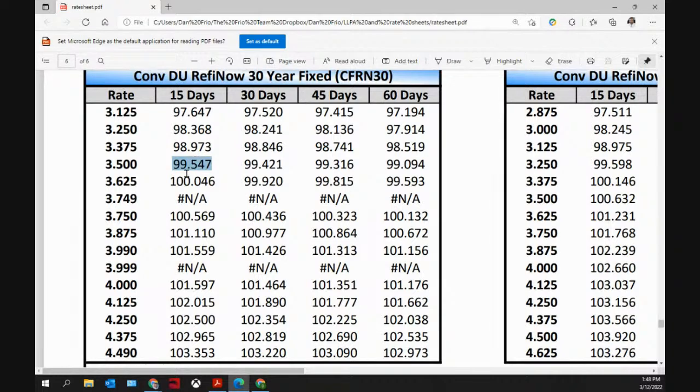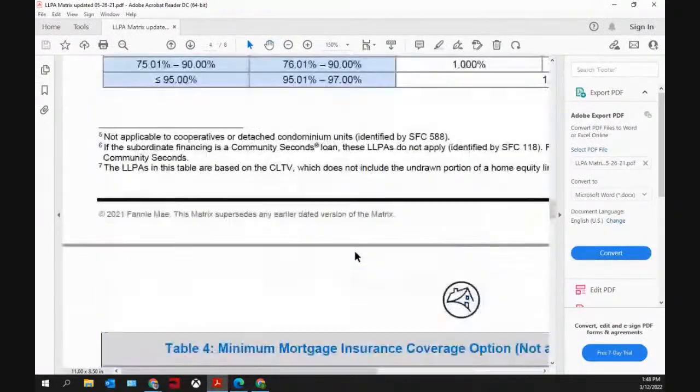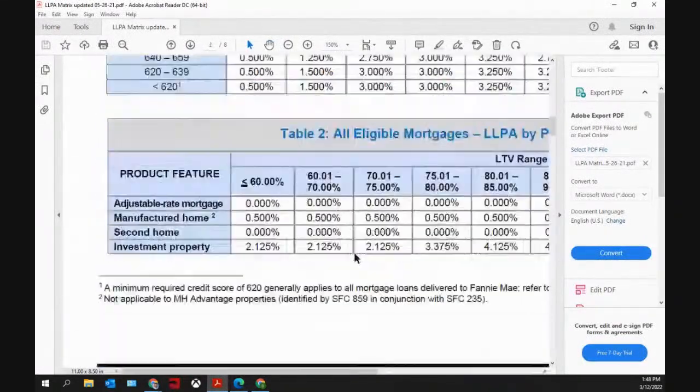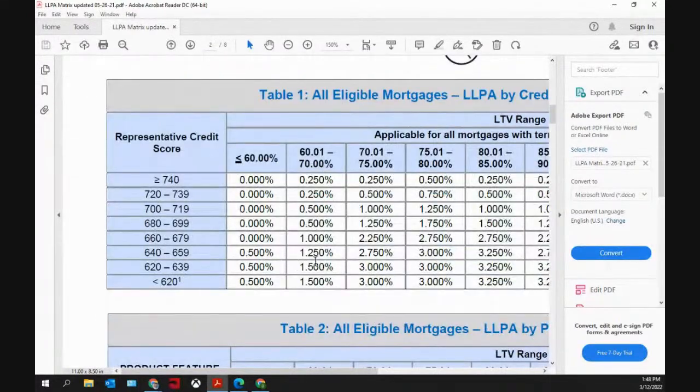Okay. Now, here's where these other factors come into play. Remember all this stuff, the minuses and the numbers and so forth. So let's go up to here, right down through here. So let's just say, for example, we're in right here. We're at 620 and a 70 or 75 loan to value. It's a 3% factor. Okay.